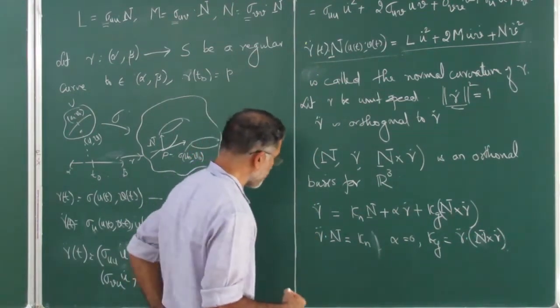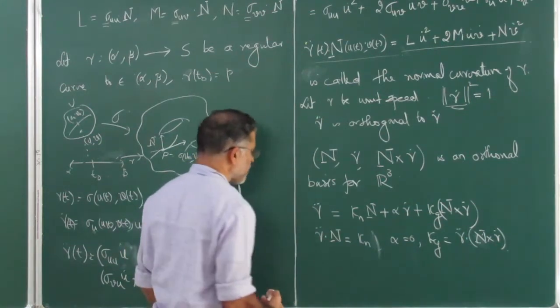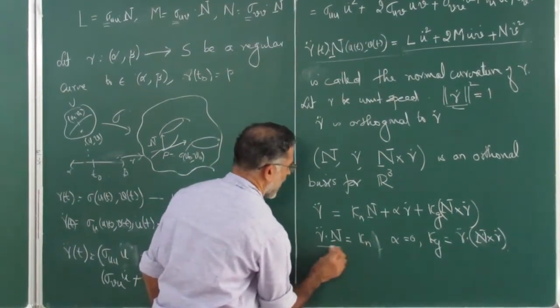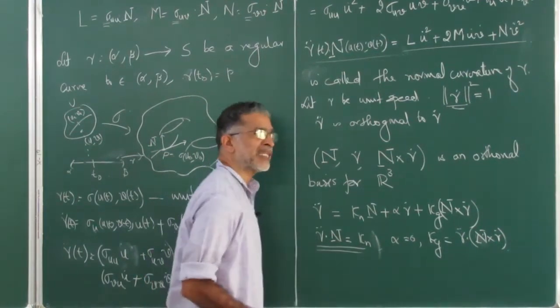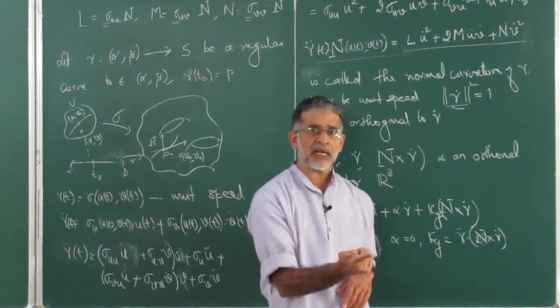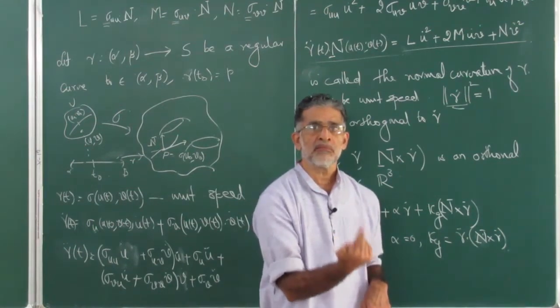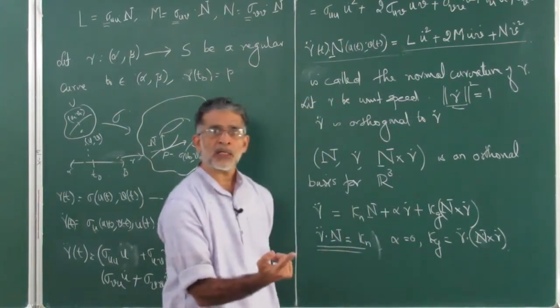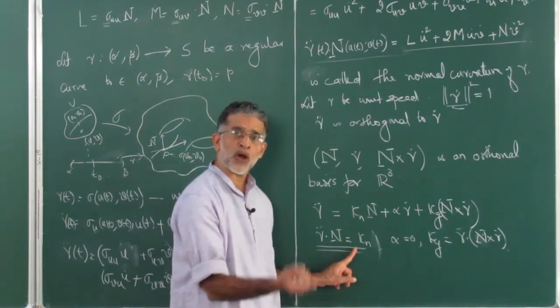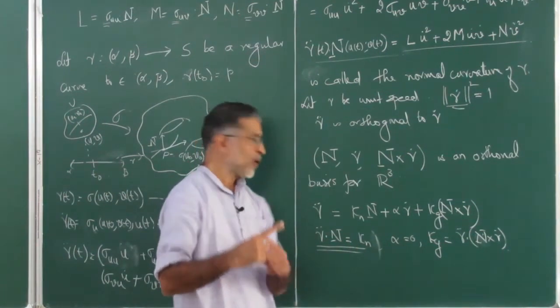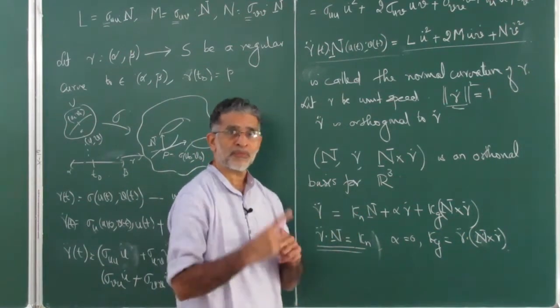So now, if you look at this thing, this is how much gamma dot, your tangent vector, moves in the direction of the normal, because you are taking the double dot and looking at its component in the normal direction. Gamma double dot is going to be a vector orthogonal to gamma dot.